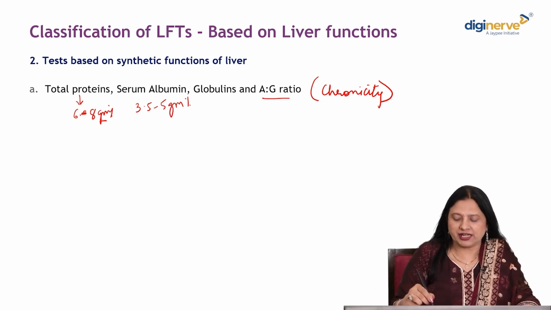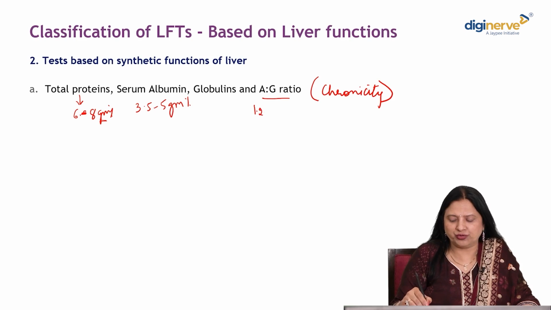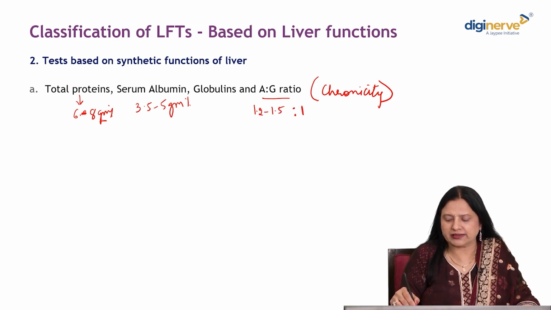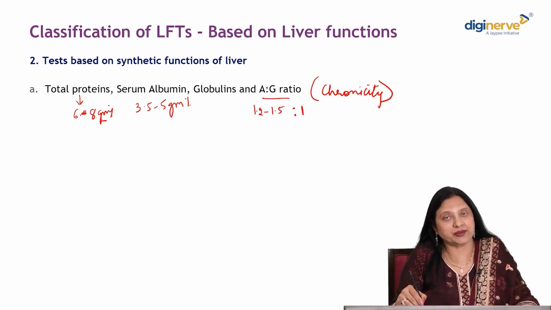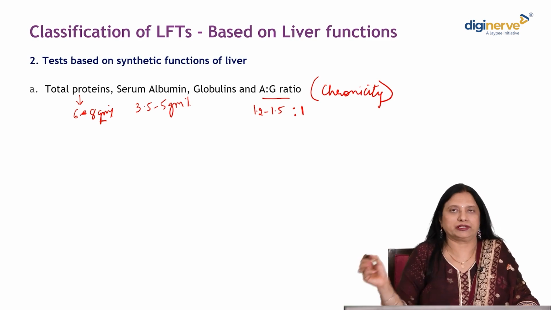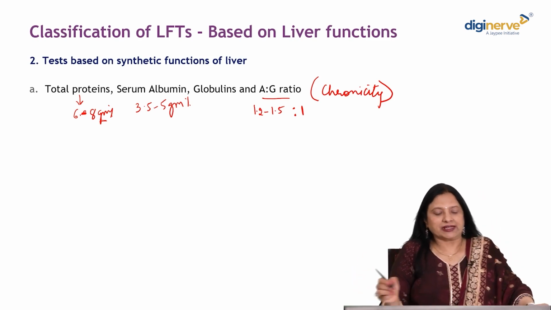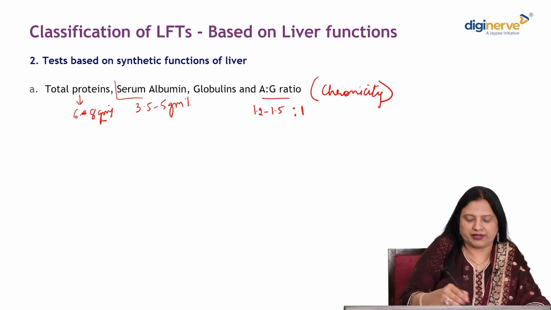And this AG ratio is 1.2 to 1.5 is to 1. That is, albumin is 1.2 to 1.5 times higher than the globulins. Now, what is the significance of albumin?